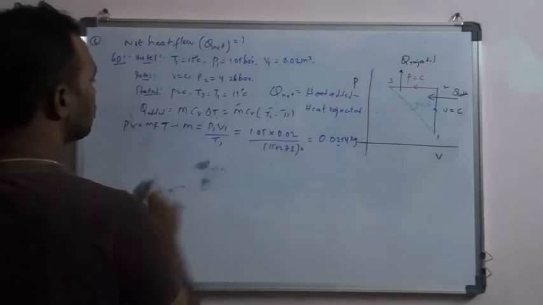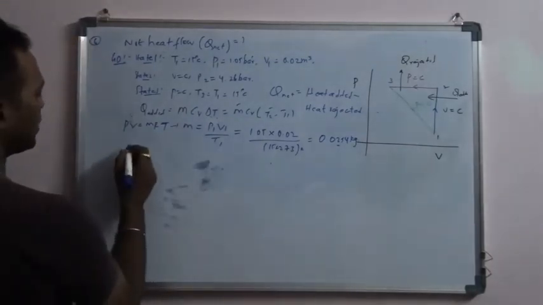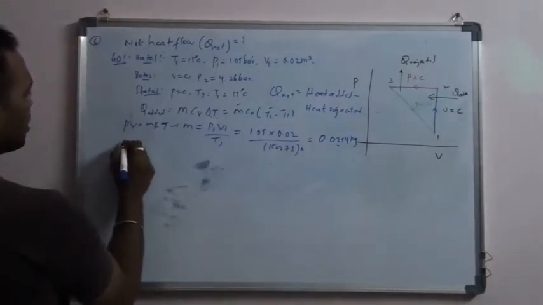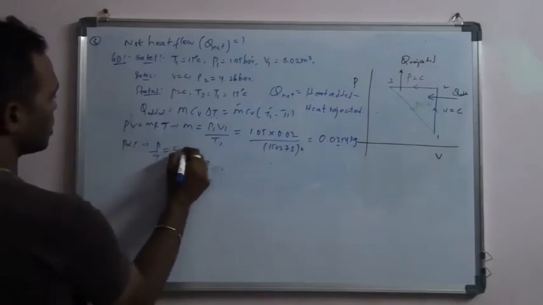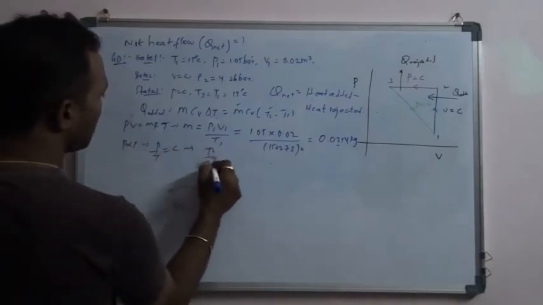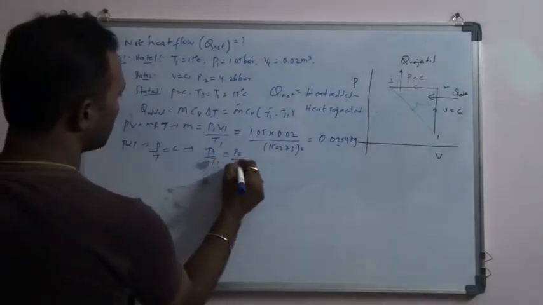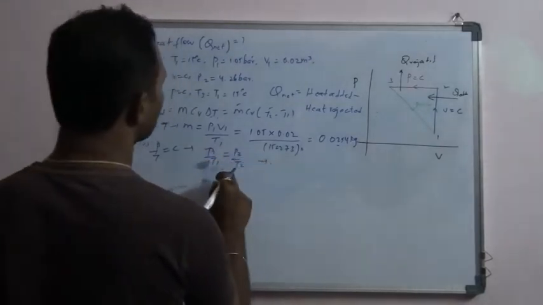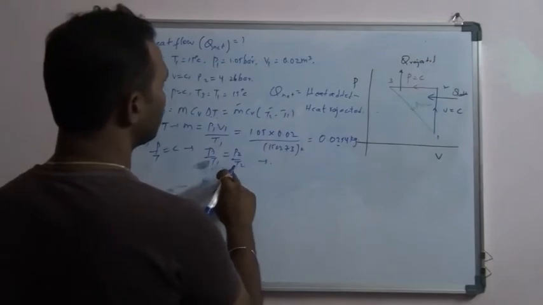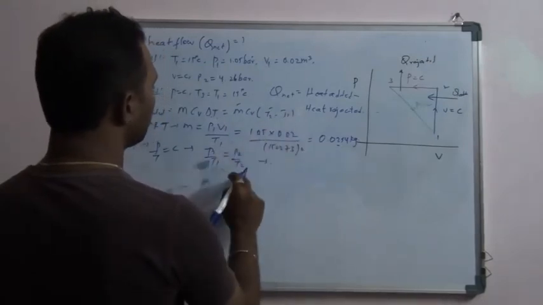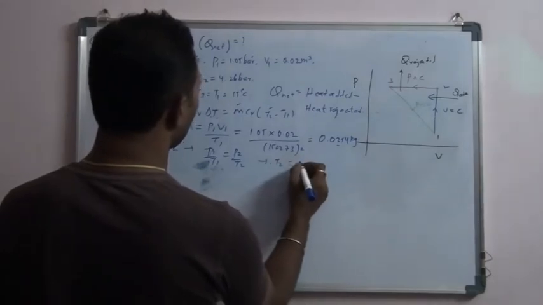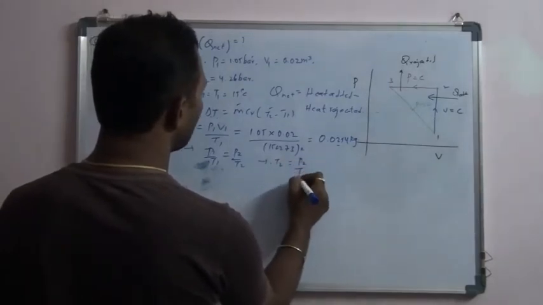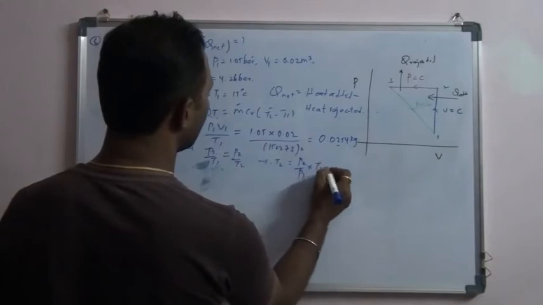Next, I need to calculate T2. How do I calculate T2? From the relation, P is directly proportional to T, so P by T is a constant, where P1 by T1 is equal to P2 by T2. So T2 is equal to P2 by P1 into T1.